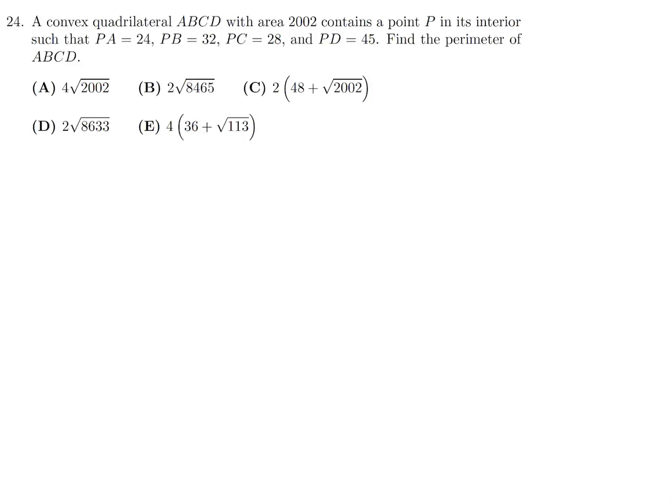So let's draw a quadrilateral. And we don't know where point P is, so I'll just draw it somewhere in the interior like that. Right there, that red dot. I'll call that P. And then they're giving us some distances. So they're saying we have A, B, C, D, like that.